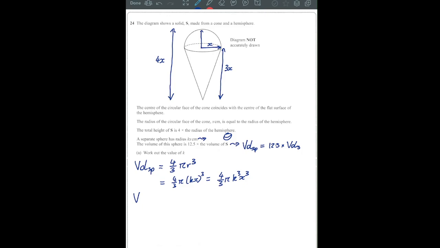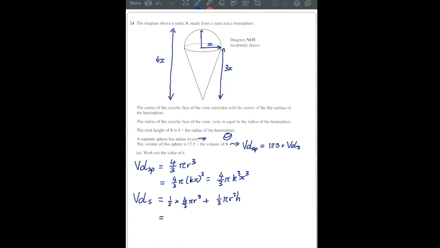I also want the volume of this weird S thing. Well, this S is a hemisphere, which is half of a sphere, and it's a cone. And once again, the formula sheet at the front tells you the volume of a cone is 1/3 pi r squared h. But I need to replace this r and this h with stuff they actually are.